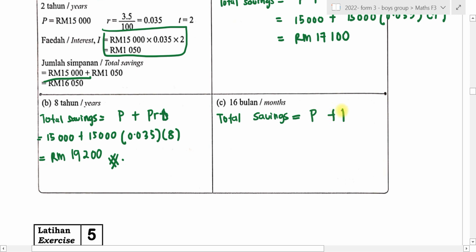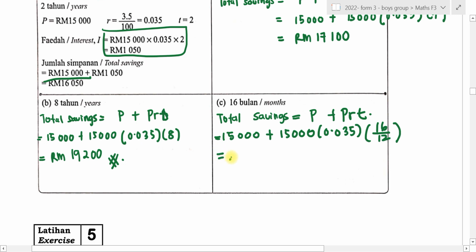Total saving is P plus PRT. Tan, your answer. This one is 15,000 plus 15,000, 0.035. The time is 16 months, so you need to put 16 over 12.